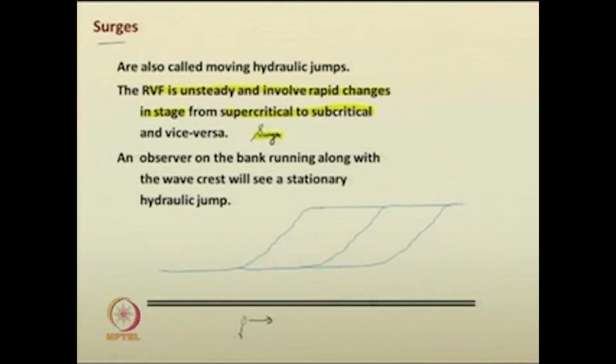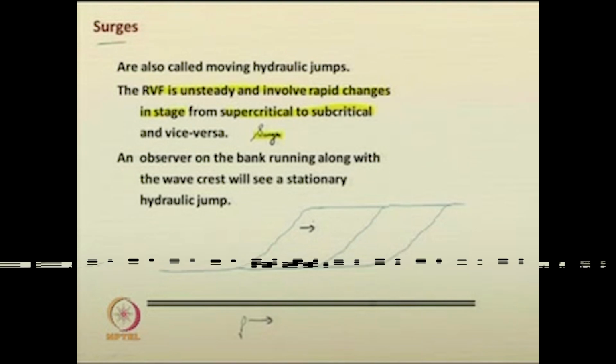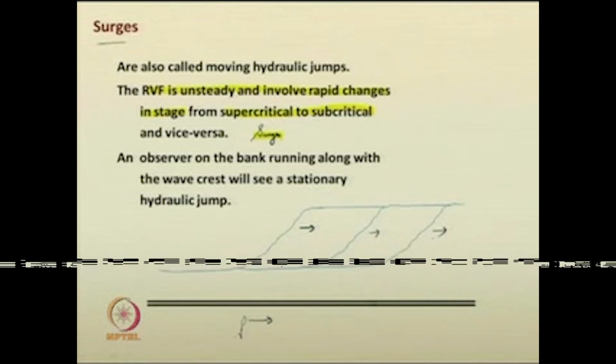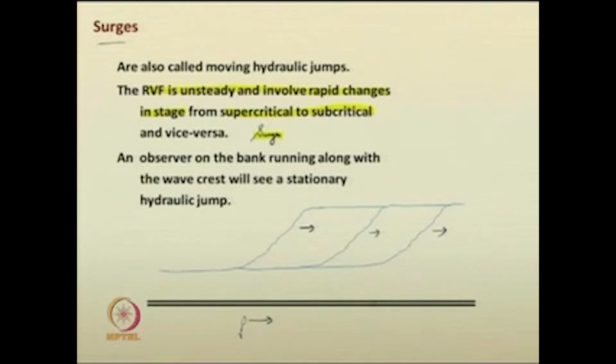Here you can see that the water is rising like this at this instant, and then it is traveling like this. After a few minutes, this would propagate up to here. So, in this case, this is called a wave, where the water height is not constant.